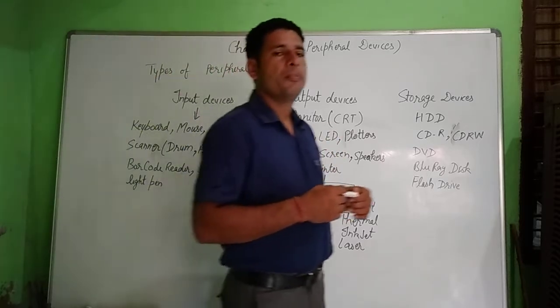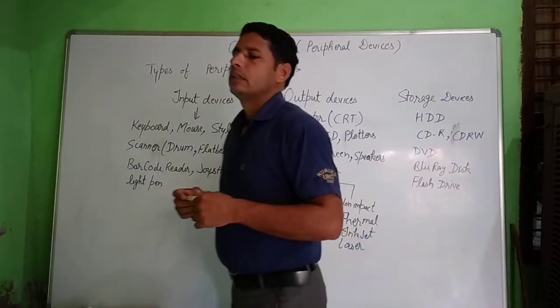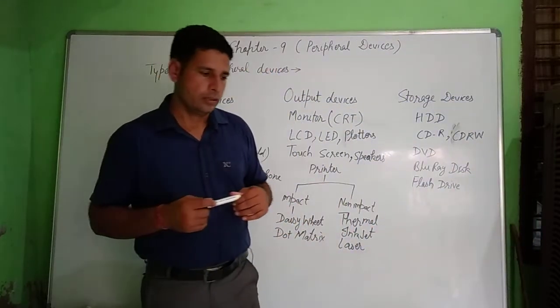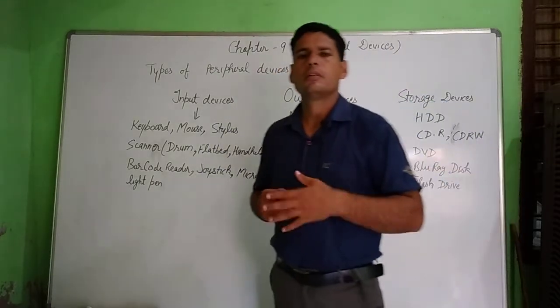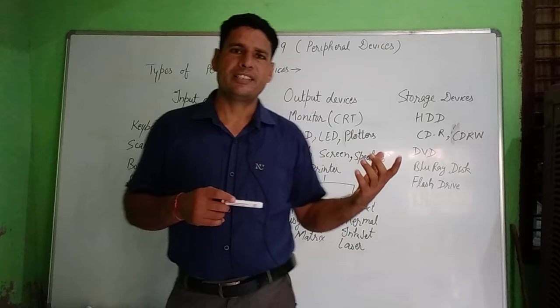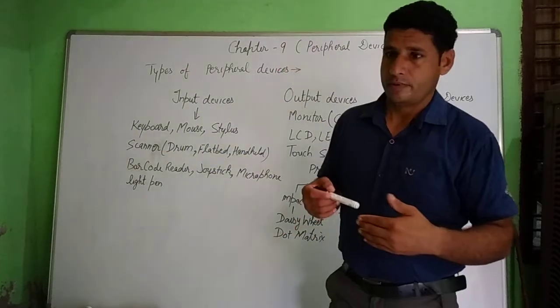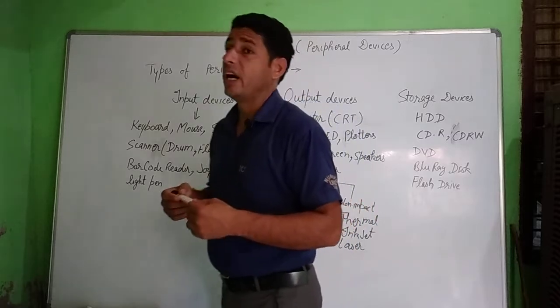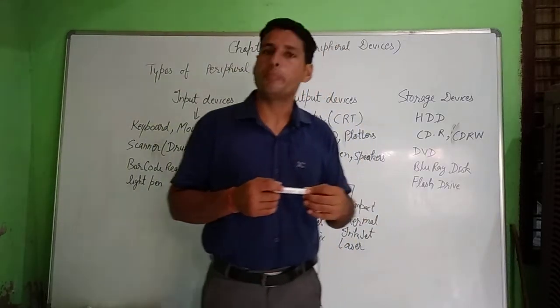Next is plotter. It is like a printer. The images which you have in your computer, graphs, maps, it is basically used to print drawings, graphs, maps, and they produce high quality graphs and drawings on paper.